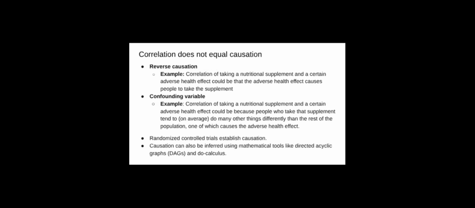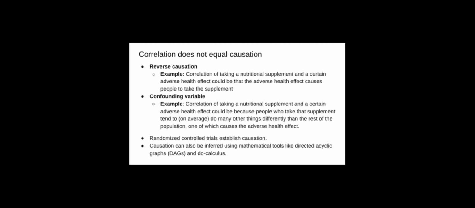So in this example, it could be that the causation goes the other way around, that people are taking the supplement because they have that adverse health effect. The other reason is that there might be a third variable that's causing both of these effects. So for example, it could be that people who take this supplement tend, on average, to do many other things differently than the rest of the population.